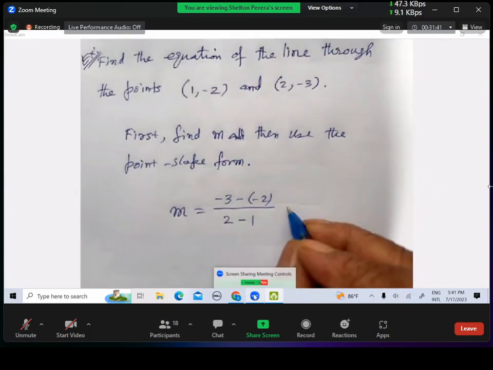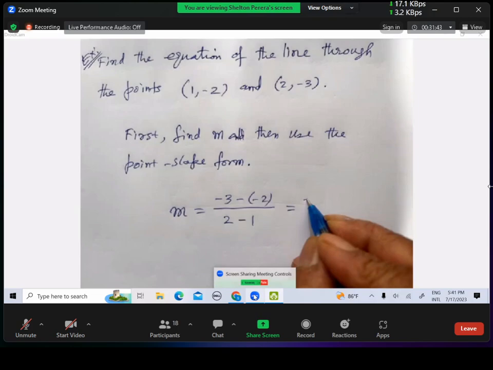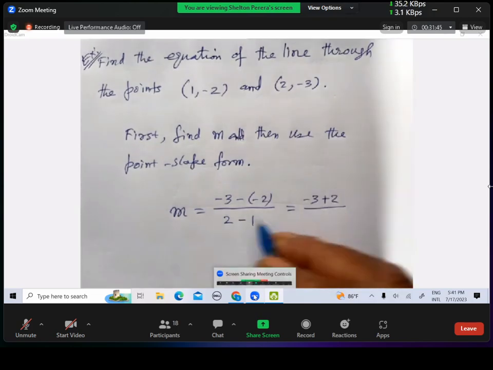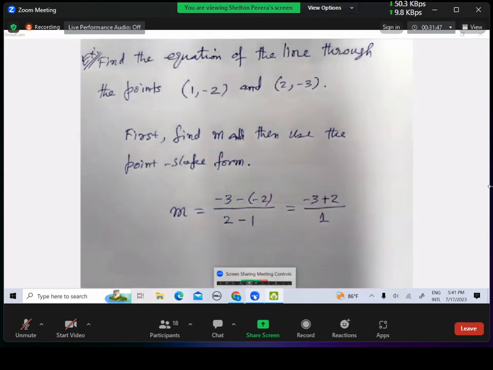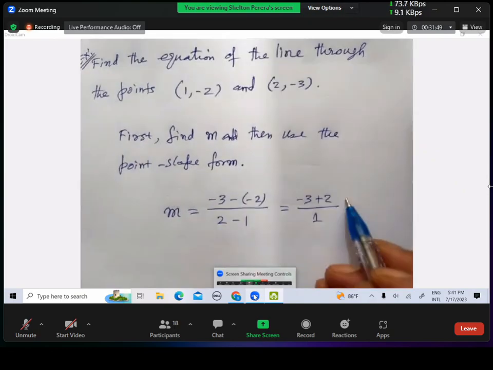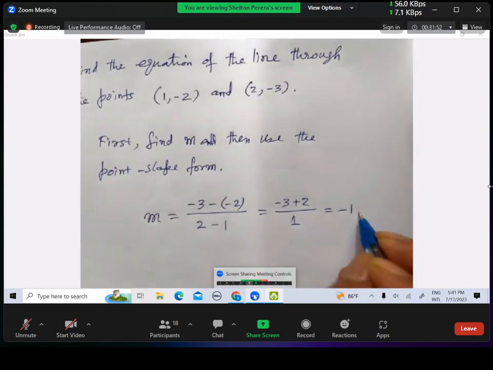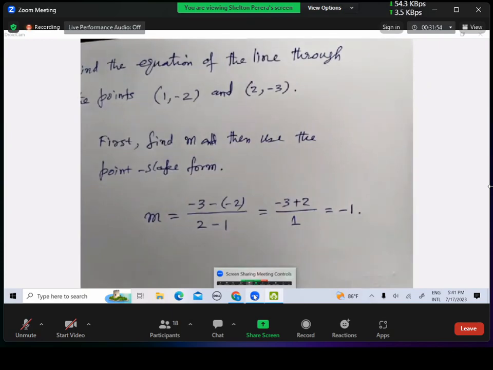This is equal to -3 plus 2 divided by 2 minus 1, which is 1. -3 plus 2 is -1, divided by 1. So m is equal to -1.